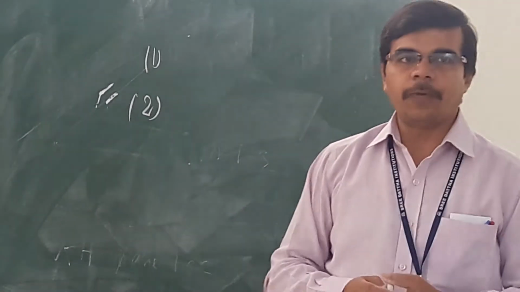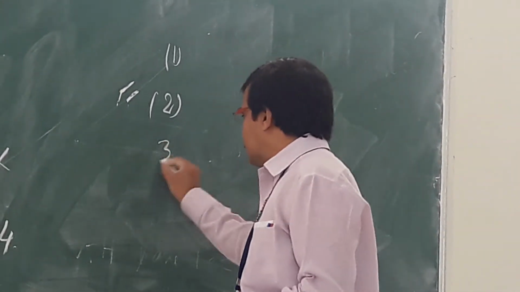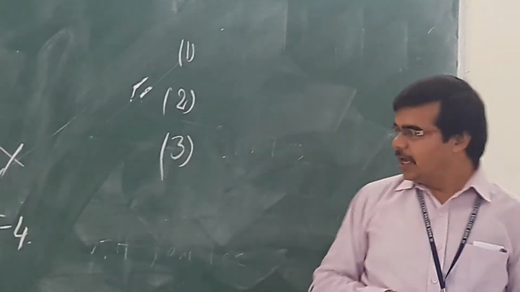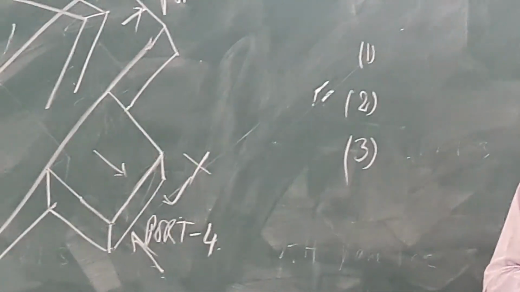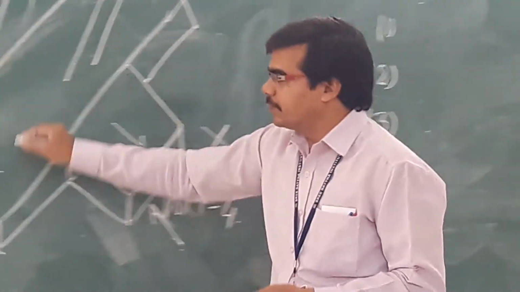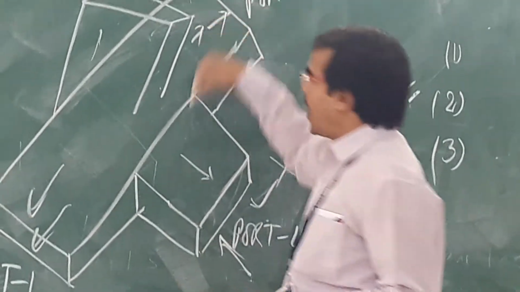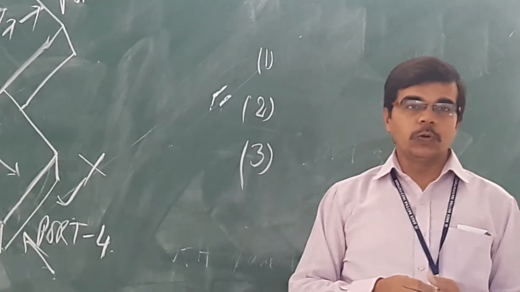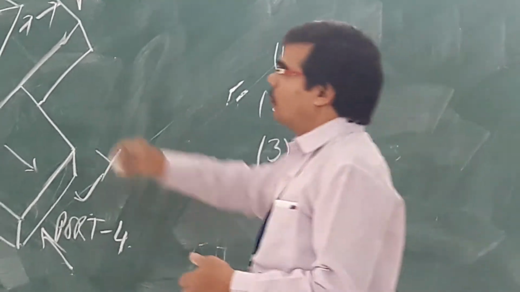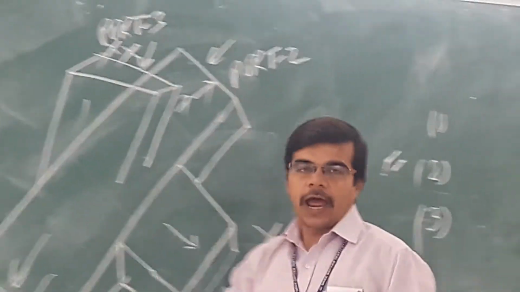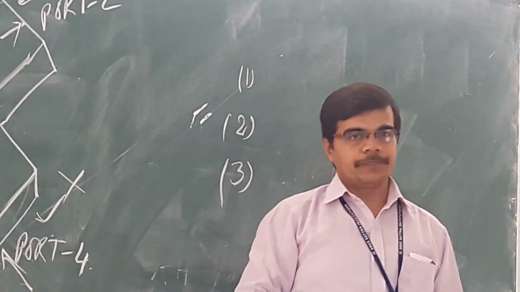The third operation is, if we are giving power at port 4, we will get equal power at port 1 and port 2. They are in phase and we will not get any power at port 3.